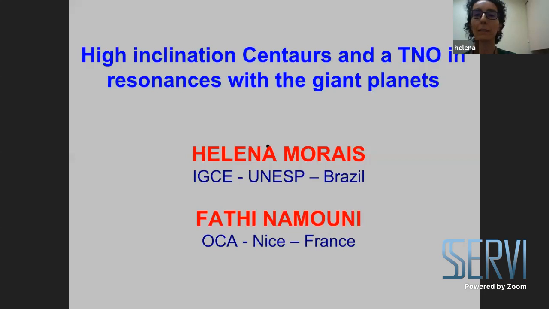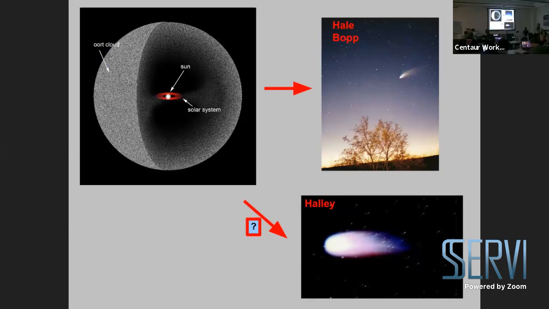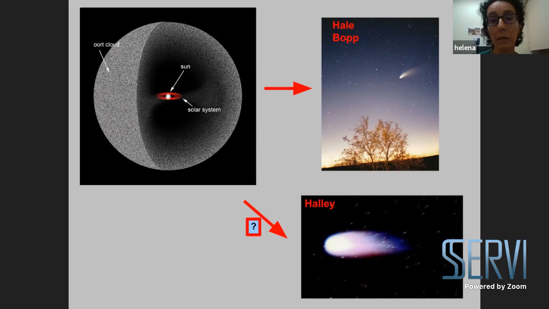So if you could advance the slide, please. Okay, so why high inclination orbits? We know in the solar system we have comets on high inclination and retrograde orbits. We have the long period comets and the Halley type comets. The first ones come from the Oort cloud.